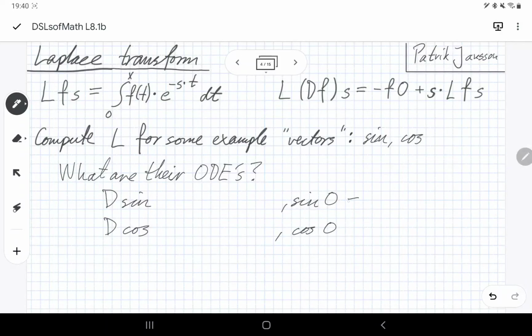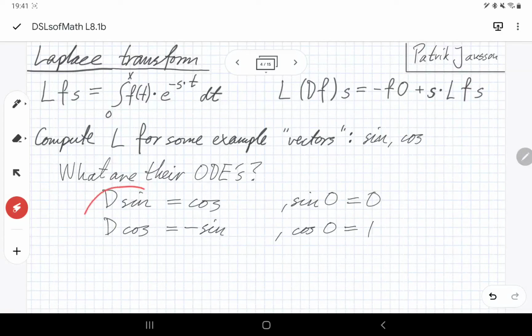Well, sine at 0 is 0, cosine at 0 is 1, and the derivative of sine is cosine, and the derivative of cosine is minus sine. Notice that all of these are now point-free. We take the vector sine, the whole function. So at each index, it's the sine of that index. And then we return the whole function cosine.